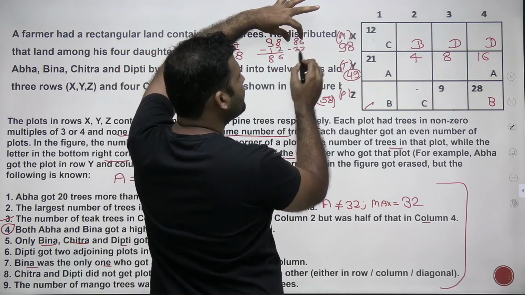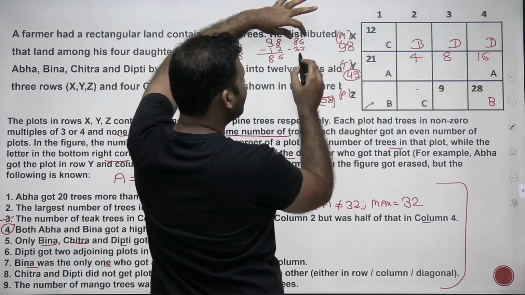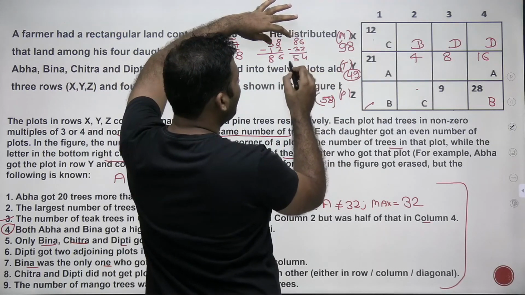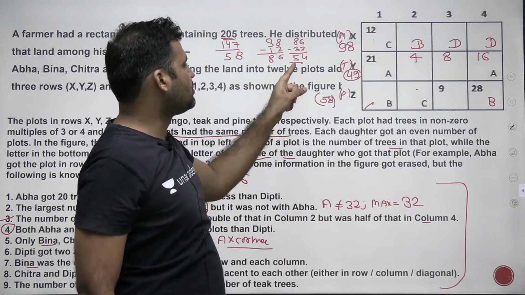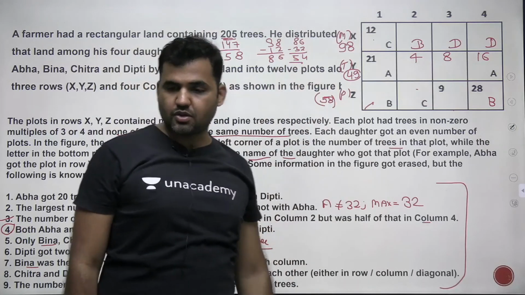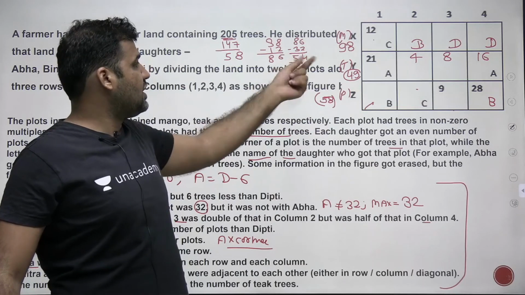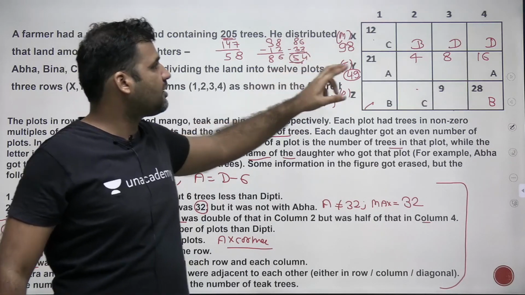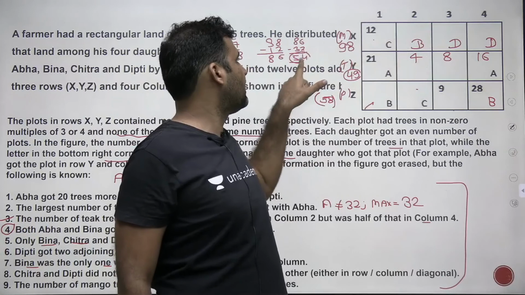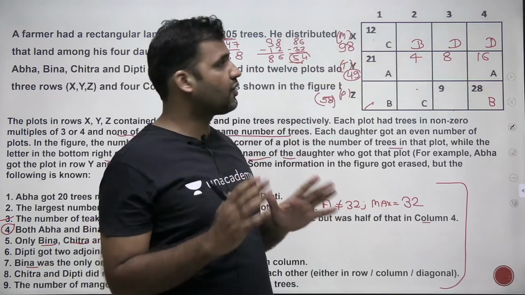And out of these 86 trees, one of the plots will definitely have 32. So I'll be left with 54. Now I need to take 2 such numbers, we need to divide 54 in such a way that both of the values are a multiple of either 3 or 4.